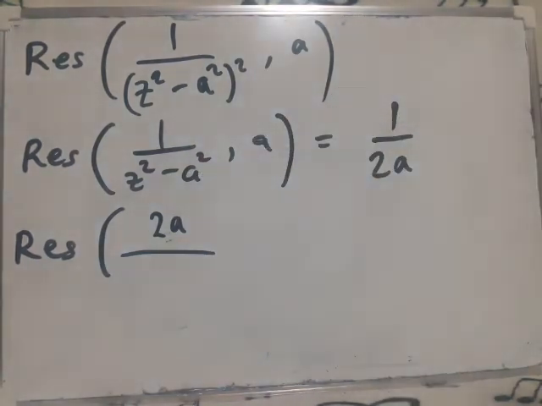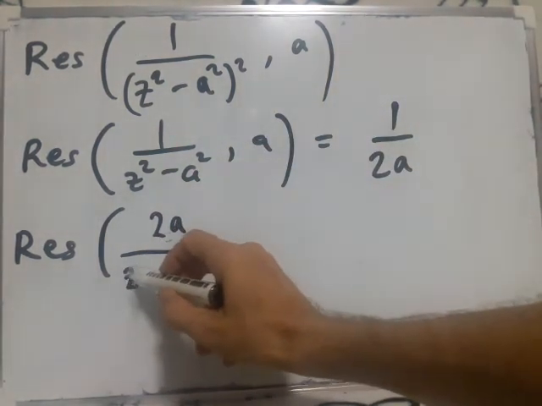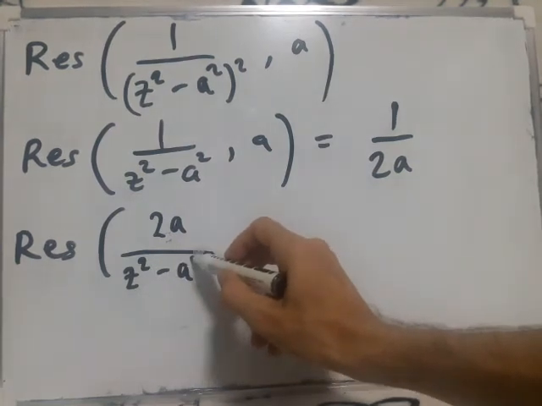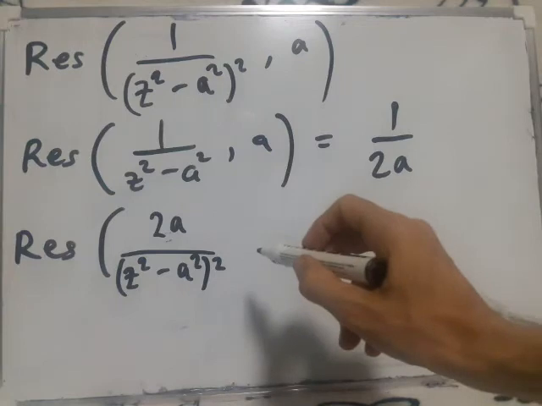So overall those minus signs cancel, and we end up with 2a over z squared minus a squared, all squared.